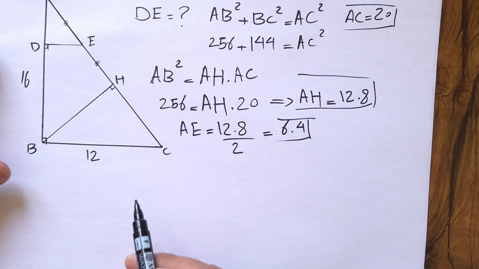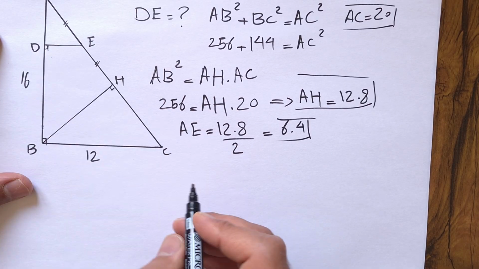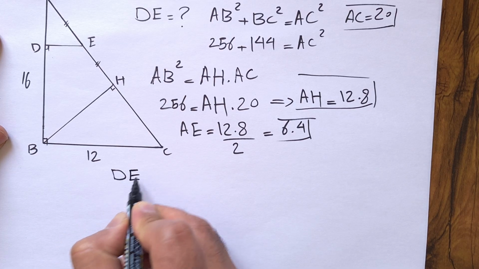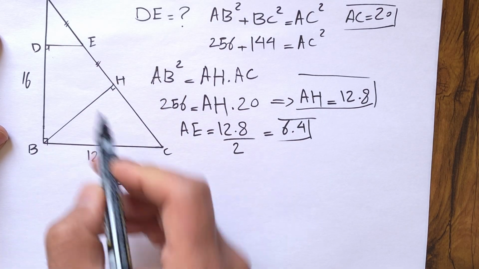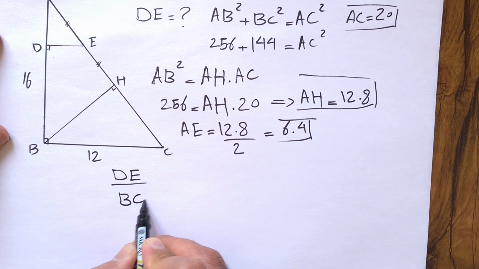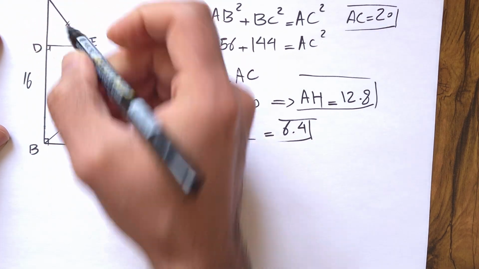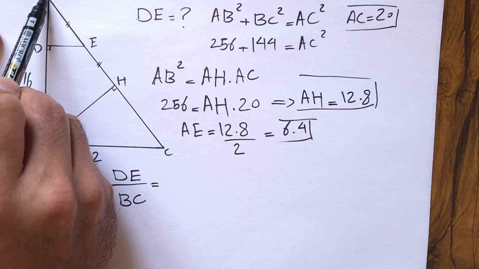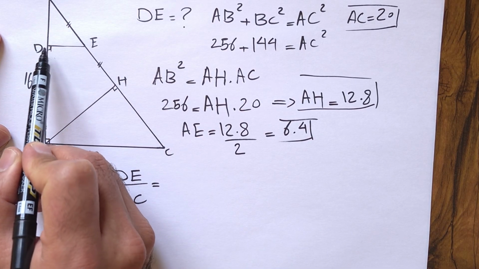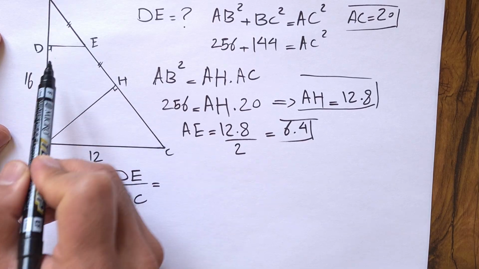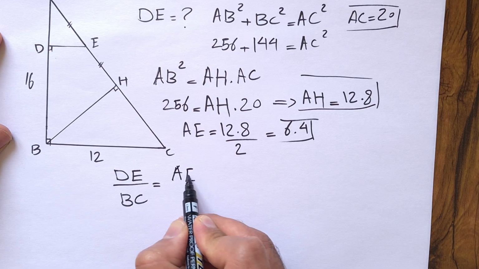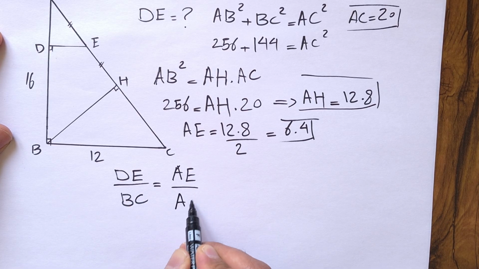So according to Thales theorem, we can say DE over BC equals AE over the whole hypotenuse, because AE is the hypotenuse, this little hypotenuse of this little tiny triangle here. So AE over AC.